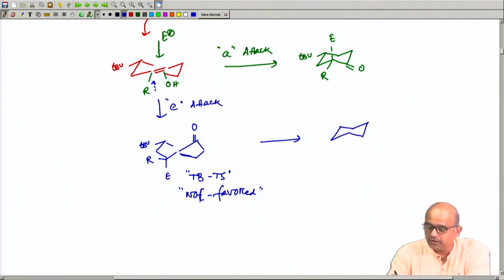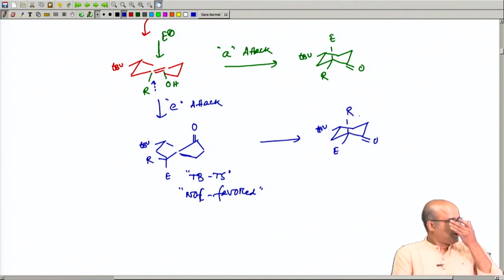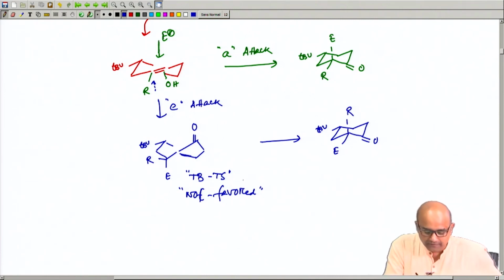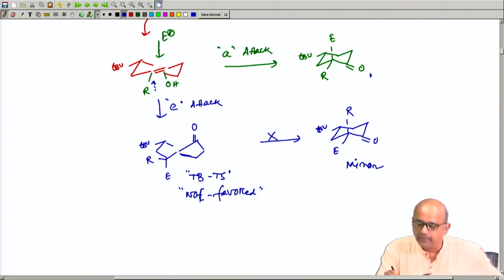The main product you will get has the tert-butyl and your electrophile cis, and you get this one as a major product. But usually as this is not favored, this pathway won't operate, and if somehow you get this product, that should be a minor one, okay, and this will be the major product.